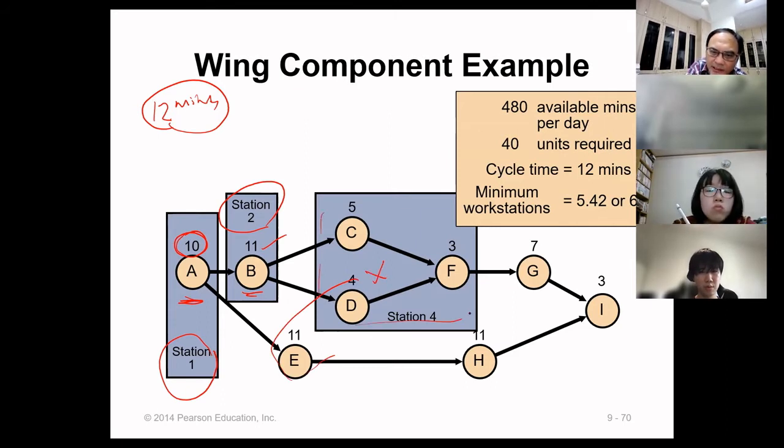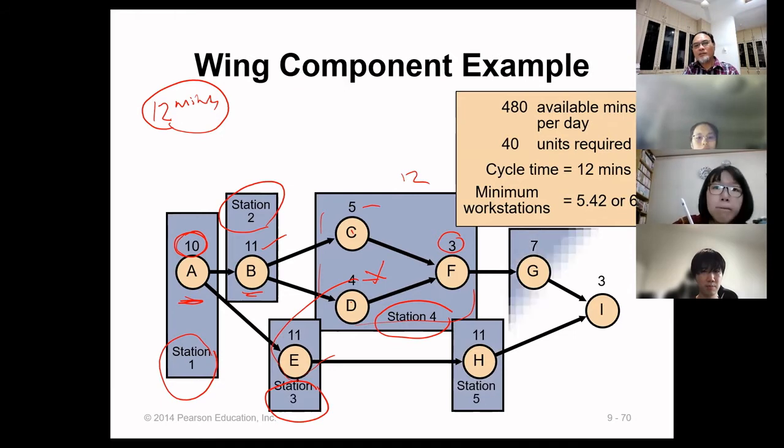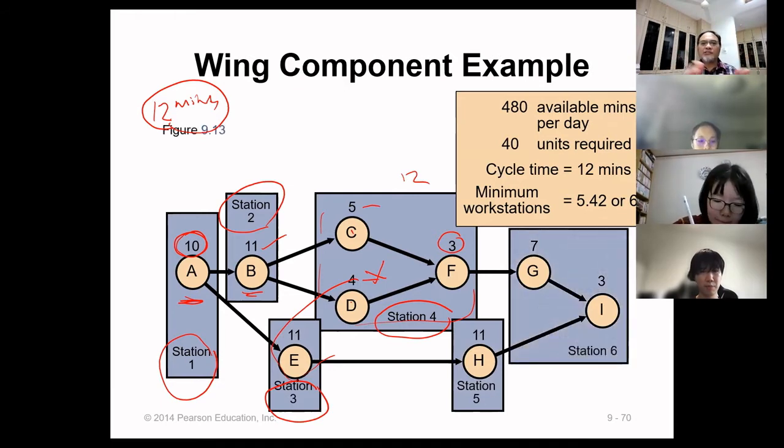So this is grouped together because it is in sequence: 5 plus 4 plus 3 is equal to 12. 9, 10, 11, 12. So this is my fourth workstation. Okay, this is third probably. You see that? We are trying to have the distribution. So this is now balanced.